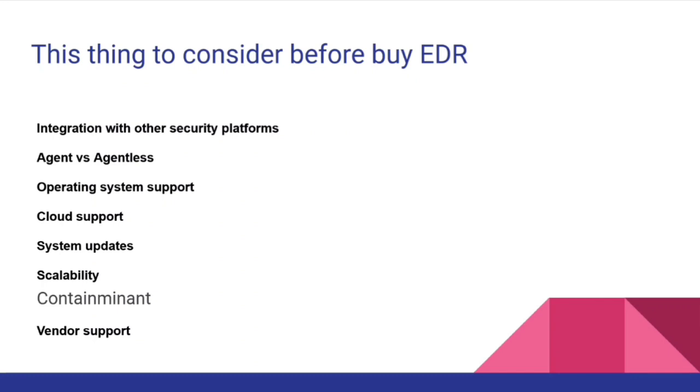Vendor support is important, because when you buy an EDR from a vendor, the vendor should provide post-sale support. It could be annual, one time, or a recurring cost. When you have problems maintaining or running the EDR solution for your endpoints, you should be able to call or email the vendor and say we have this type of problem, help us out.